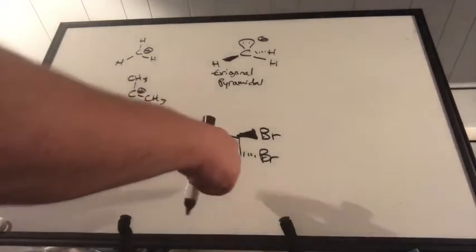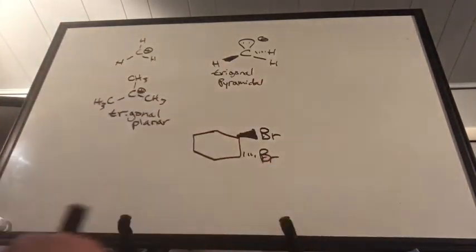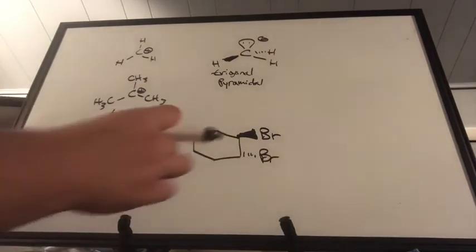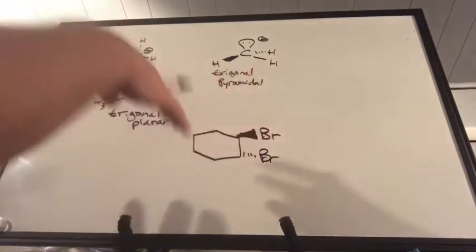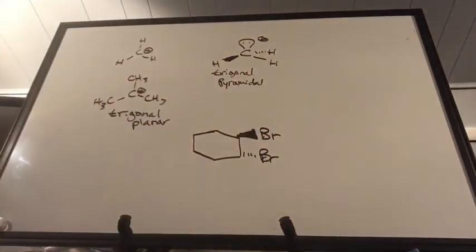So in other words, these have to be fixed on opposite ends of this cyclohexane ring. Okay, so with that said, that means they're going to have to be anti to one another with respect to the plane of the ring.